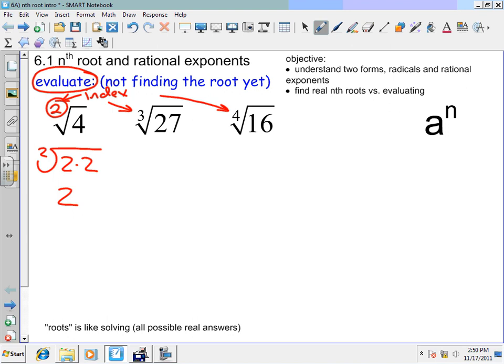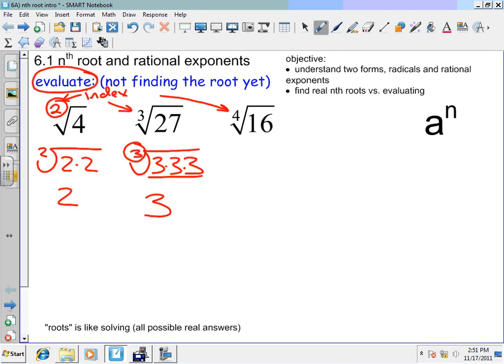When we talk about the cube root of 27, we're saying, okay, what number times itself 3 times equals 27? Well, that's 3 times 3 times 3. Notice the index matches how many repeated items in that number. So we'd say the cube root of 27 is 3. Okay? We'll study this in last chapter 2 where we talked about finding the cubic root of something. So now we're saying the fourth root.